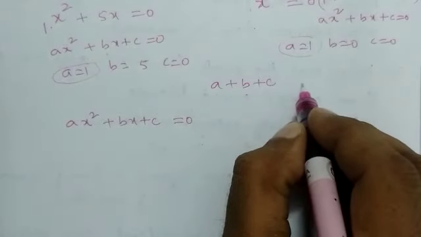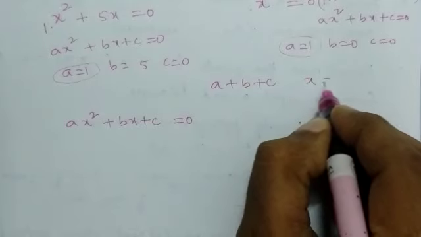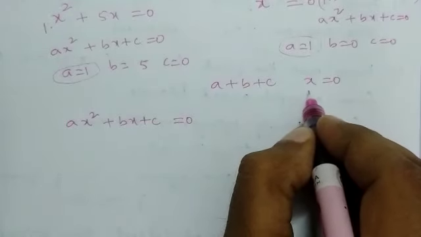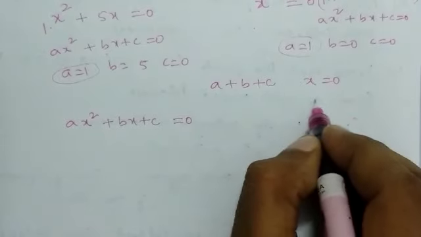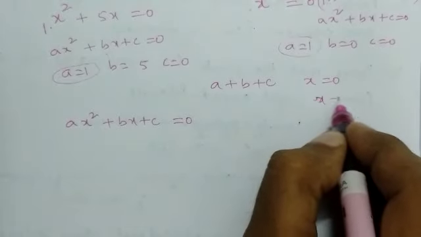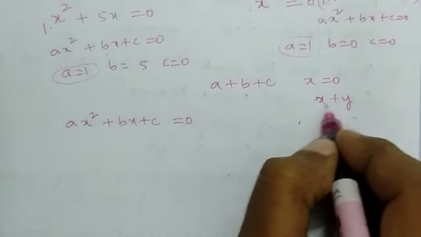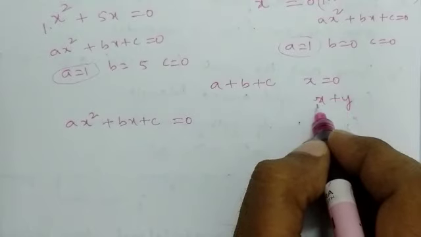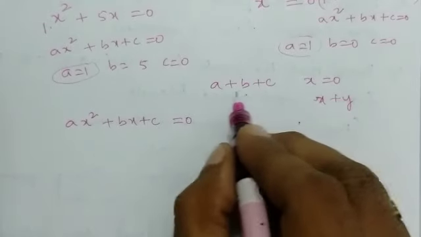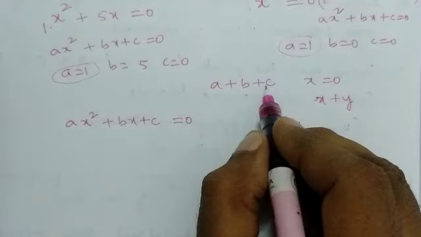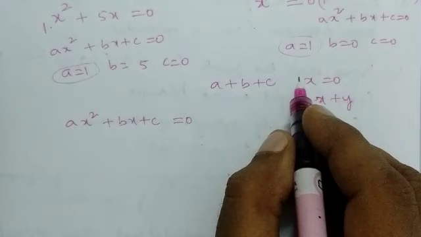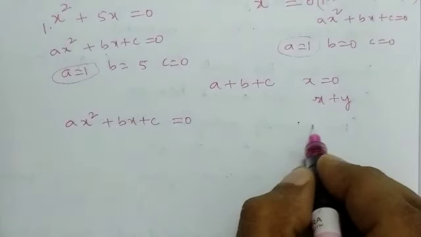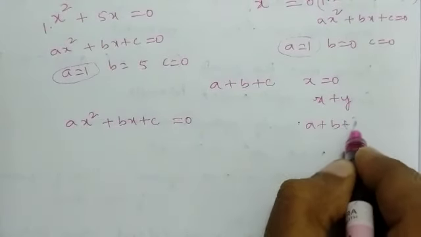If you have only one term, like x equal to 0, it is a monomial, only one term. x plus y, how many terms? 2 terms. So, binomial. 3 terms, trinomial. More than 3 terms, like a plus b plus c plus d.